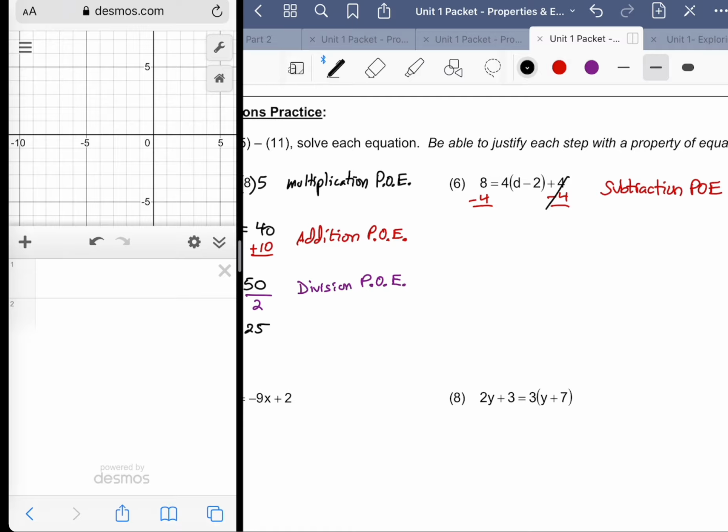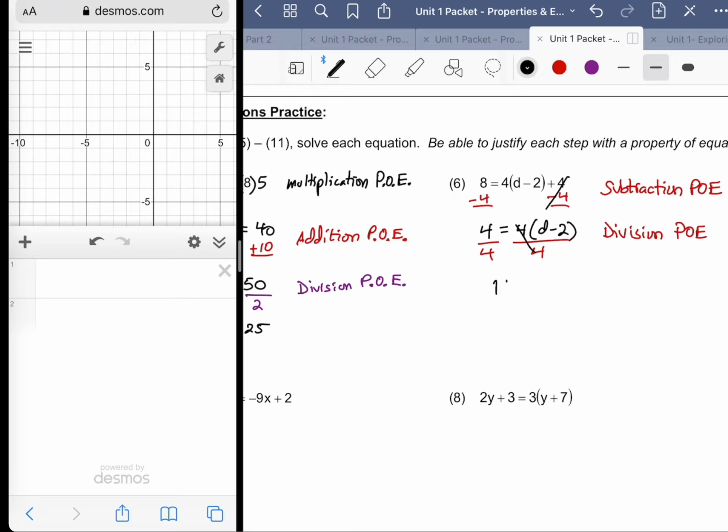So we would have 4 is equal to 4 times d minus 2. I want to get rid of the 4, the coefficient of 4. So I'll divide, division property of equality.